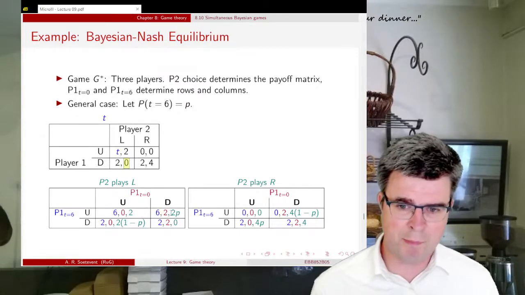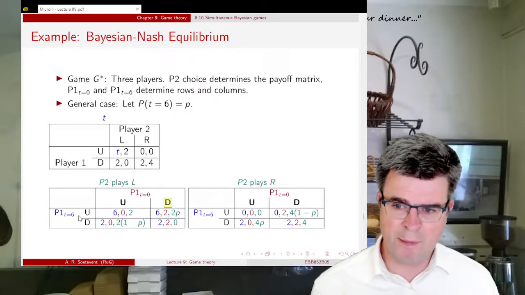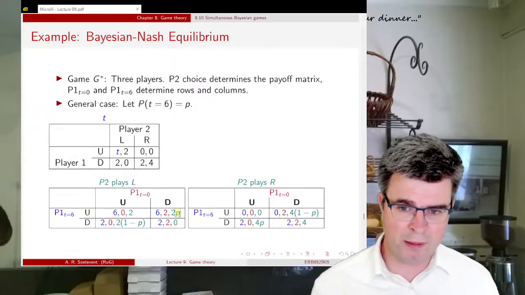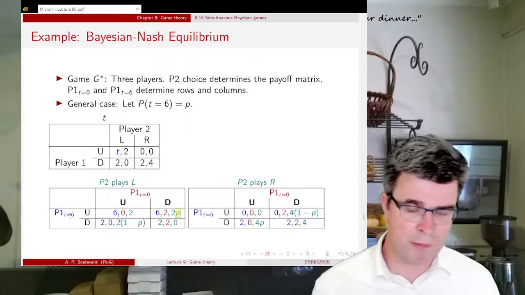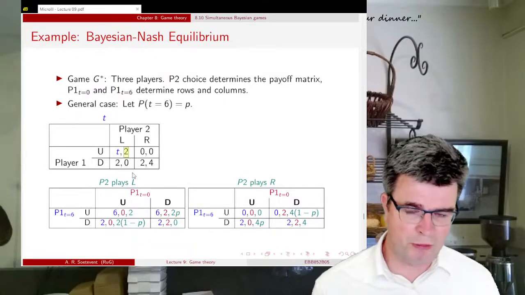So the expected payoff of player 2 playing L, given that player 1 of type 0 plays D and player 1 of type t is 6 plays up, is identical to the probability that player 1 is of type t is 6, in which case player 2 will receive a payoff of 2.